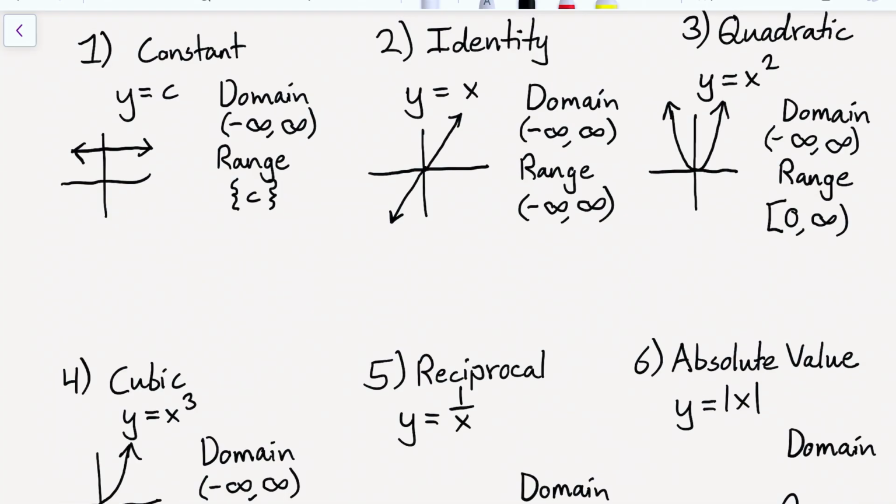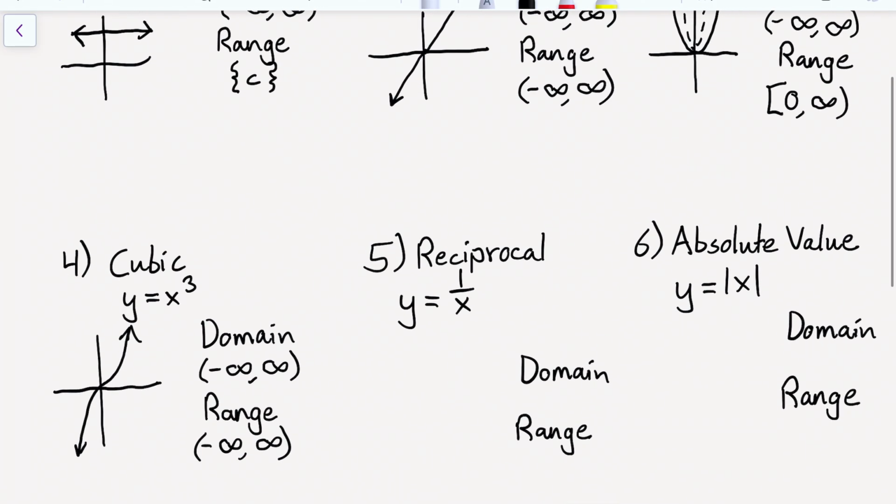Now something interesting about all other power functions like x squared and x cubed that we introduced in the last two examples is that if the power is even, the graph will look like the graph of x squared. So for example, y equals x to the fourth is a very similar shape. It's just a steeper parabola than y equals x squared. This is the graph of y equals x to the fourth.